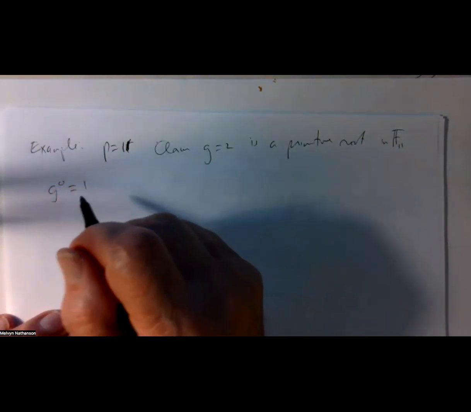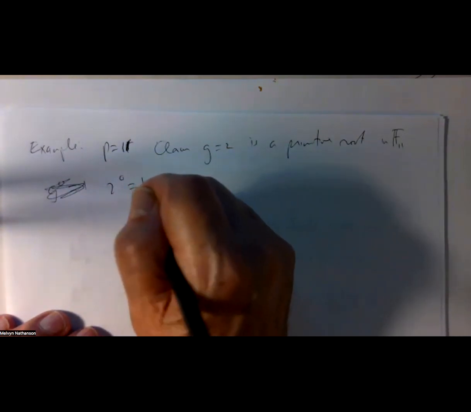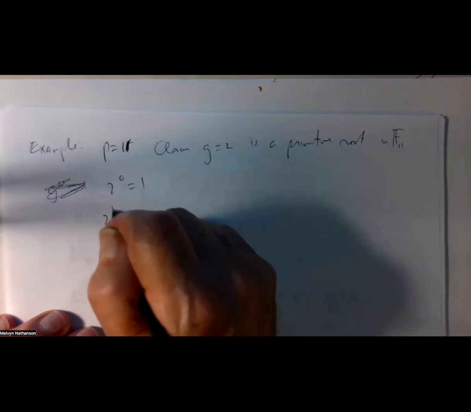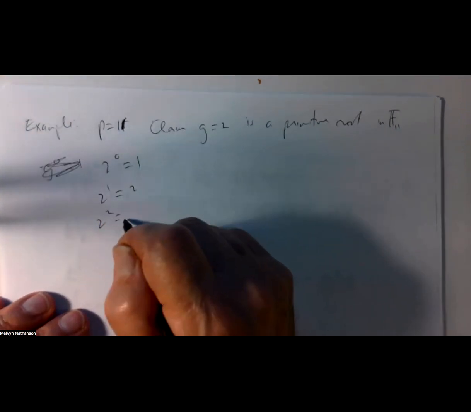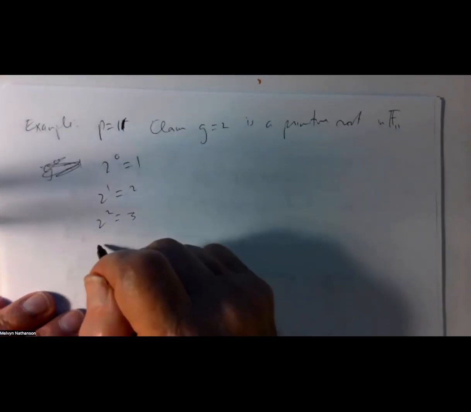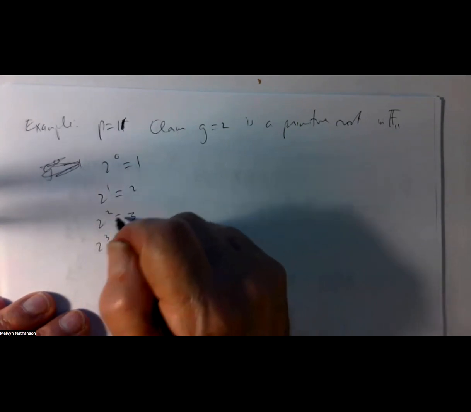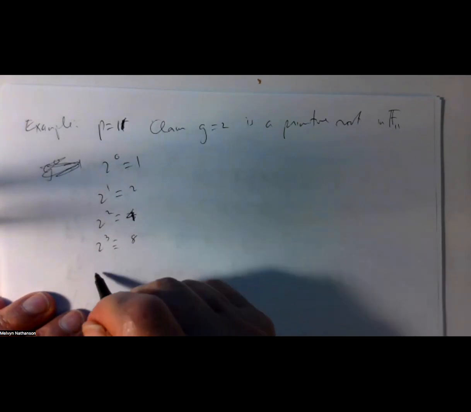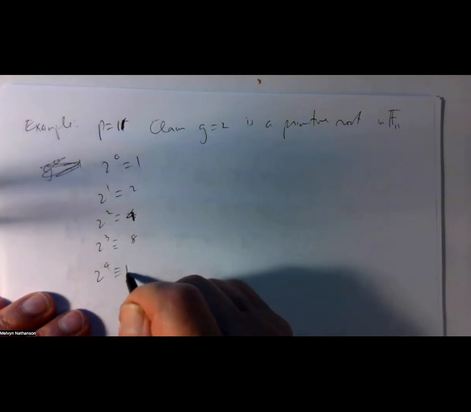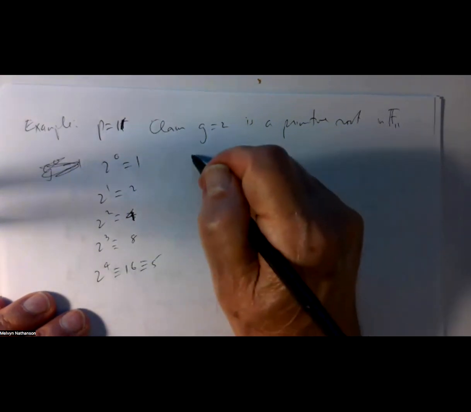G to the 0 is 1. Well, G is 2. So 2 to the 0 is 1. 2 to the first power is 2. 2 squared is 4. 2 cubed is 8. 2 to the fourth power is 16, which is the same as 5 mod 11.